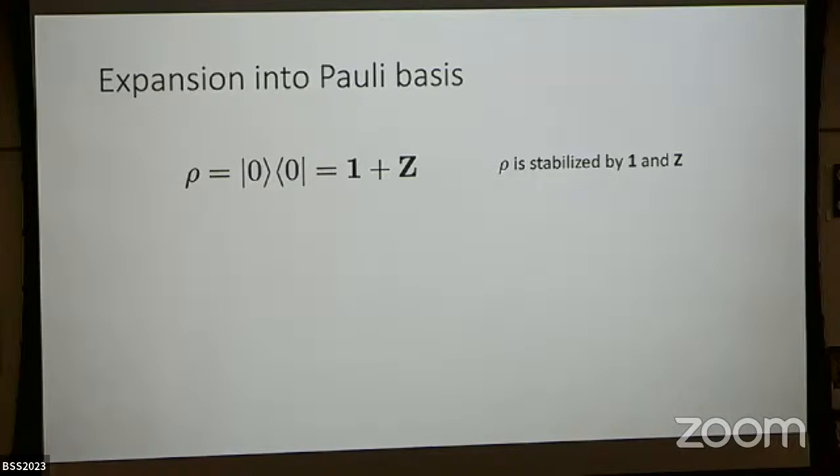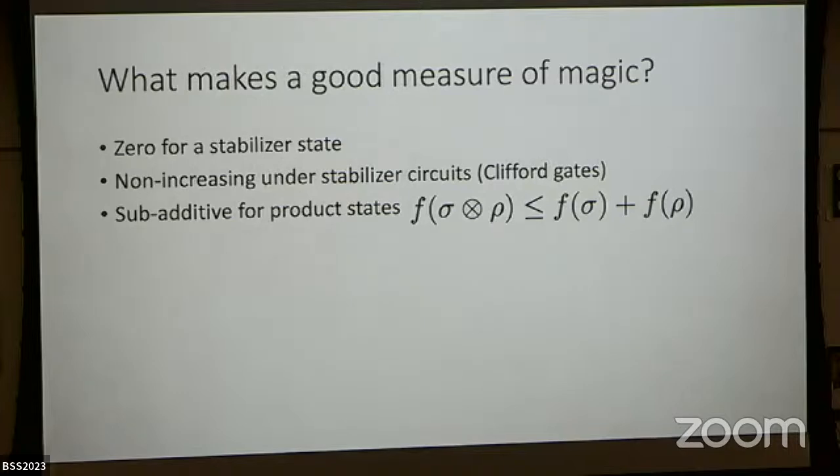Yes. So how should I understand sub-additive instead of just being additive? So I understand it as, right, if you measure the magic independently for each state and add it together, it's more than the magic when you just take the combined state.